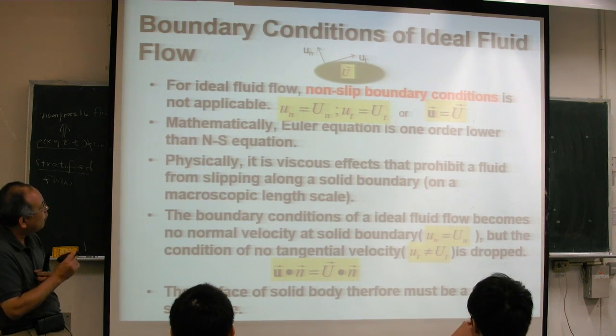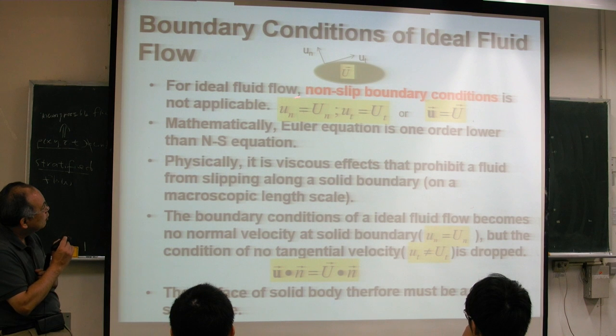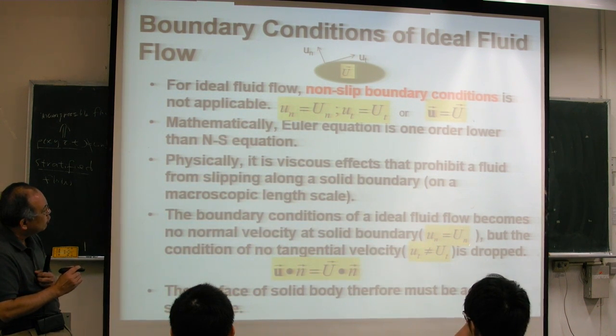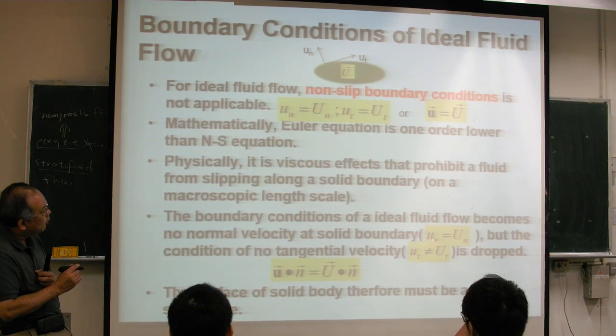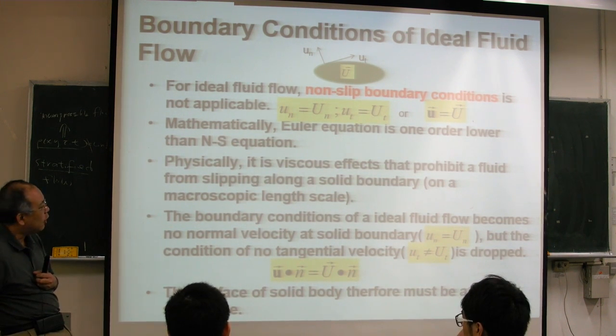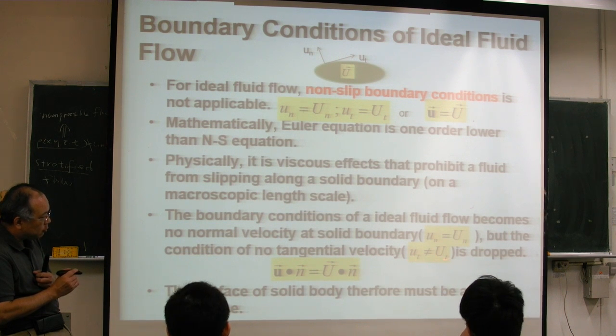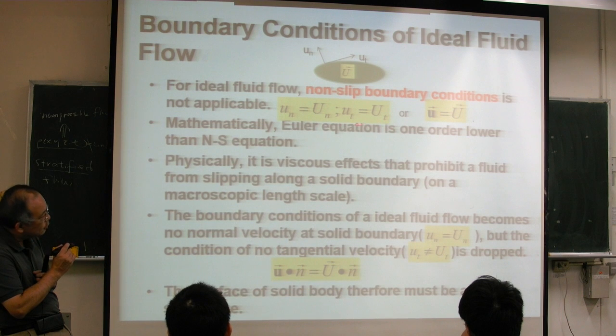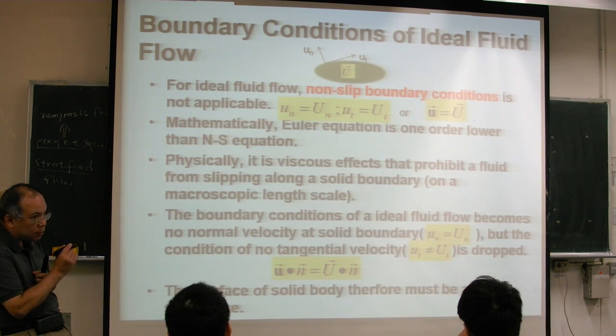We only have a normal-to-the-surface velocity: un is equal to capital Un. That means in the normal direction, our fluid velocity will be equal to our boundary velocity only. However, the tangential may not be equal. Here we have a tangential velocity that should be equal because of the no-slip boundary condition.